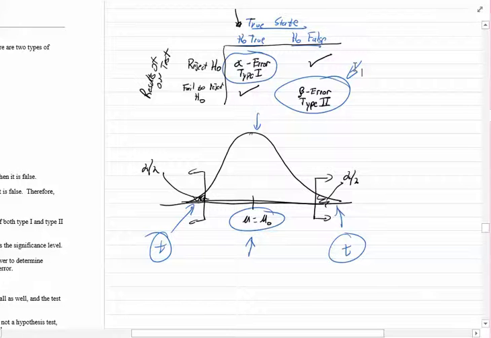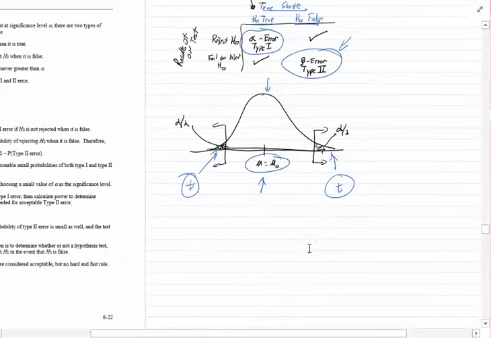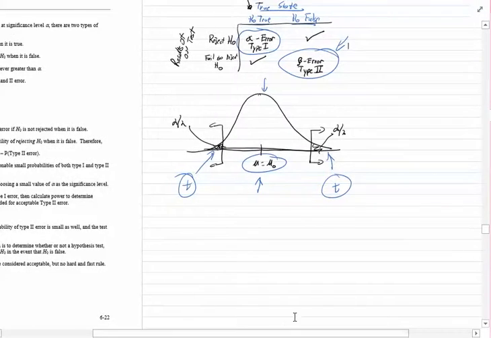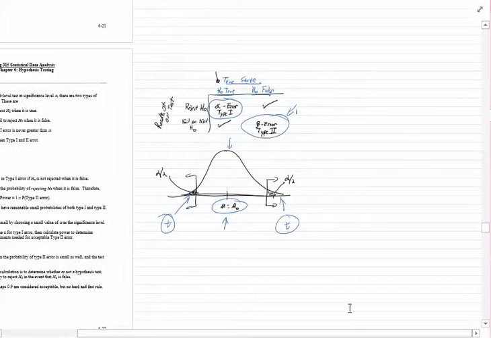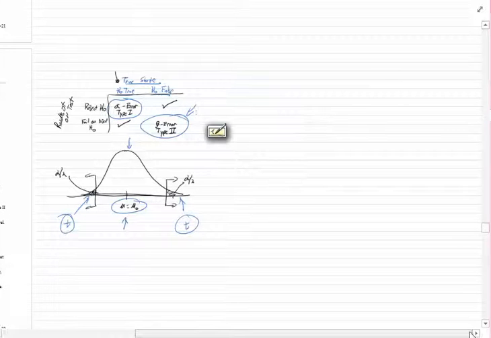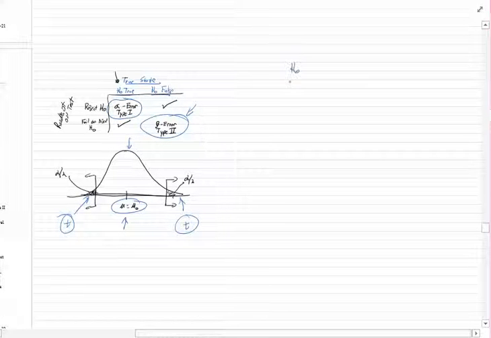So, let's think about this now. The steps in our hypothesis tests are all going to be the same. We do H naught, we do H1. Second step, we assume the null hypothesis is true.